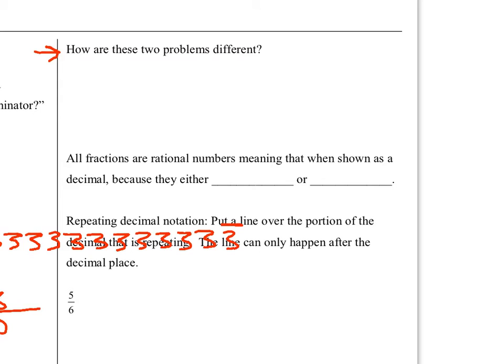Now, here's what I'm going to tell you about all fractions. All fractions either repeat or terminate. That property of repeating or terminating also puts them in a category called rational numbers, which we're actually going to talk about in a few days. We're also going to talk about irrational numbers.